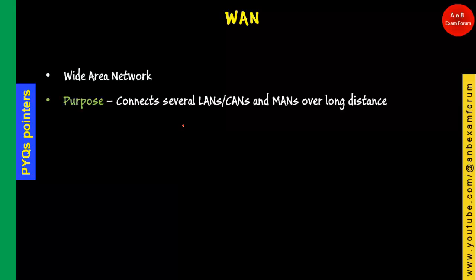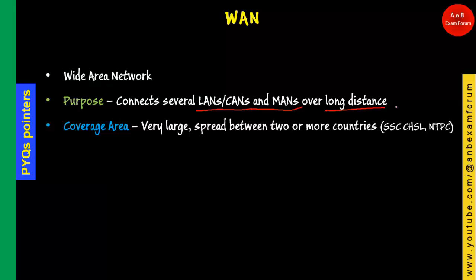The next one is the WAN, that is wide area network, and the purpose is, again, to connect several LANs and CANs and even MANs across a long distance. So it is a wide area network. It covers 2 or more countries. Okay, and this was asked in SSC, CHSL and NTPC.